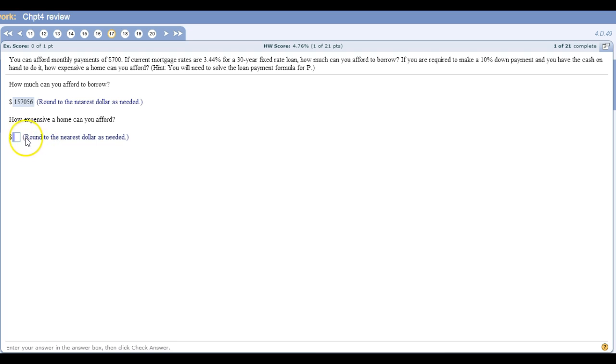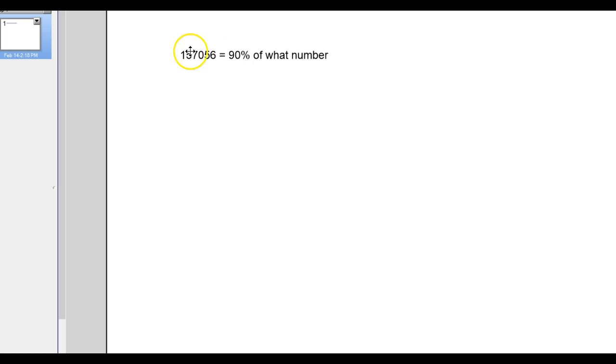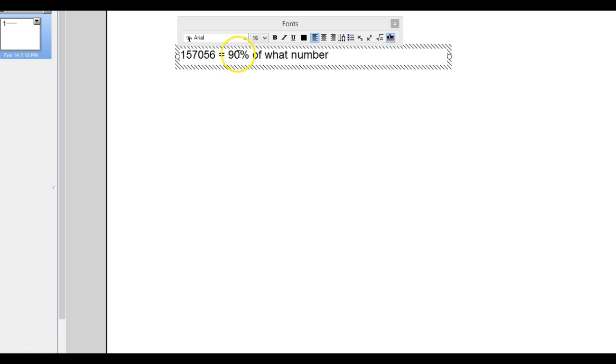Alright, the second part is saying how expensive of a home can you afford if we are required to do this 10% down payment. Once you get the first part right, 157.056, you then say that that number, 157.056, is 90% of what number? And then that can be translated very easily into math. 157.056 equals 90%, which we write as 0.90.